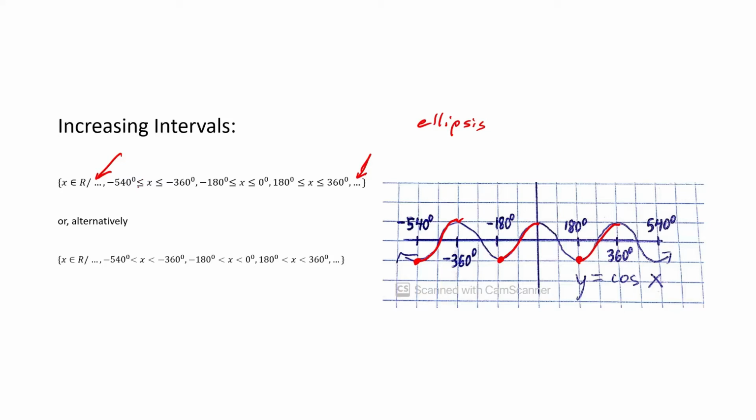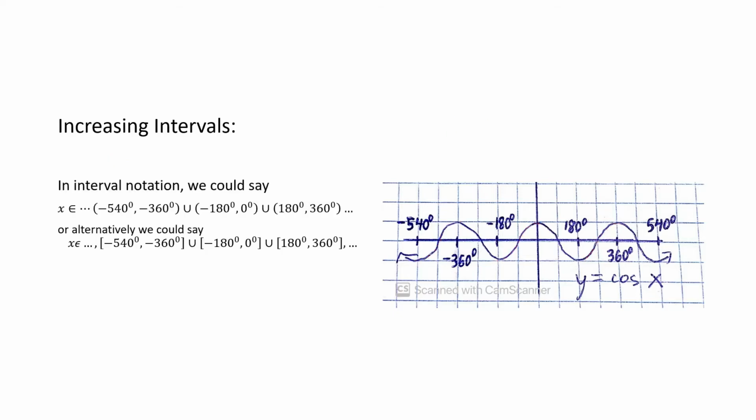And you can put less than or equal to, which I think is correct according to the definition of increasing intervals, or you can take the approach that the textbook does and just put less than signs there. If you're going to take the approach the textbook does and put less than signs, it makes sense to use round brackets like we're doing right here.